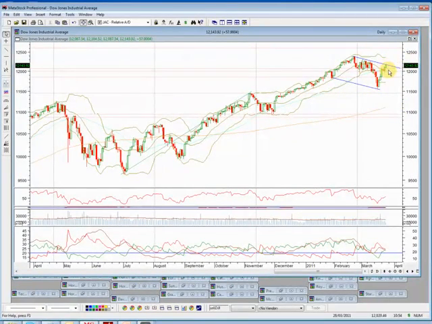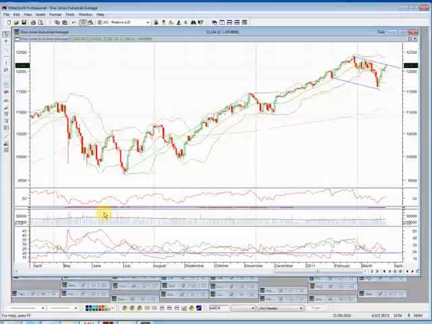So if the market is unable to break to new highs and then go after the former high, we will be trading lower and looking for that support level.